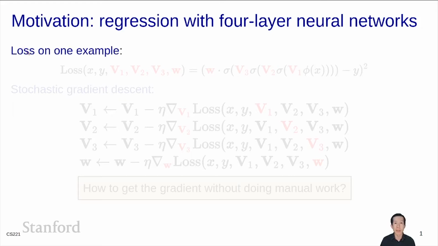So remember that we compute the loss with respect to a particular example, and now we have the weights of the network: V1, V2, V3, and W. Remember the form of the neural network: you start with a feature vector, multiply it by some weight matrix, that gives you a vector, and you send it through the activation function, repeatedly applying a matrix and sending it through an activation function.